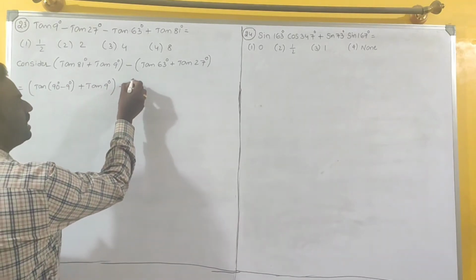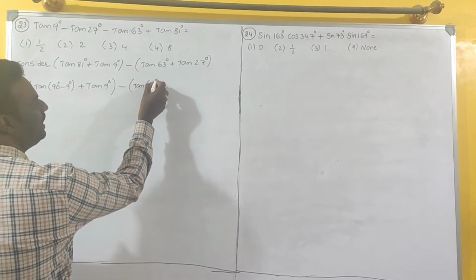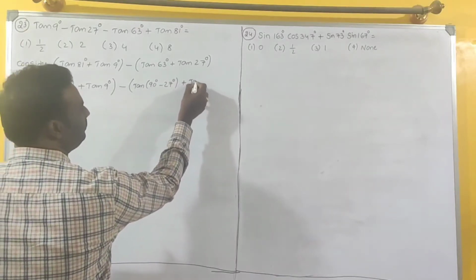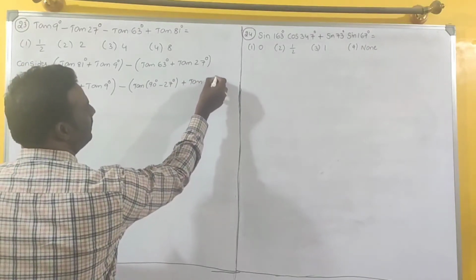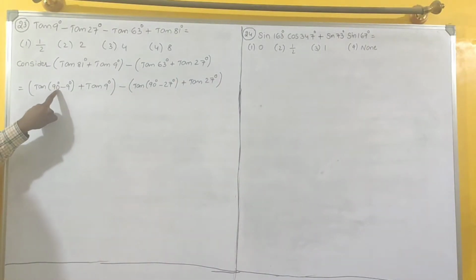Tan 63 can be written as tan (90 minus 27) plus tan 27. For 90, the function will change.